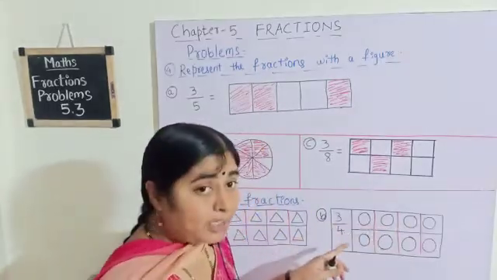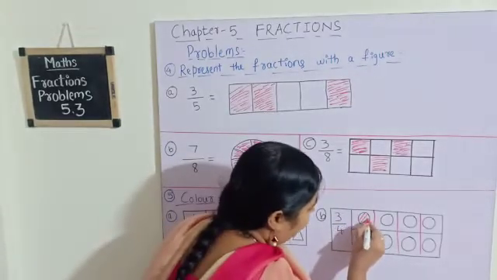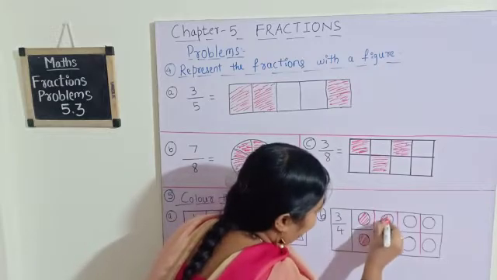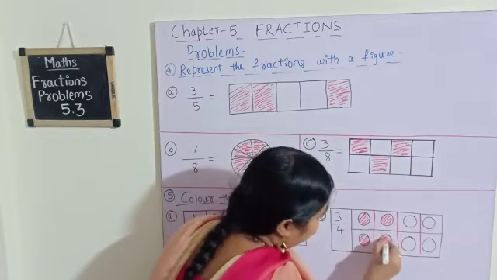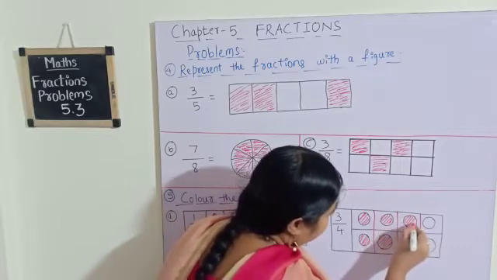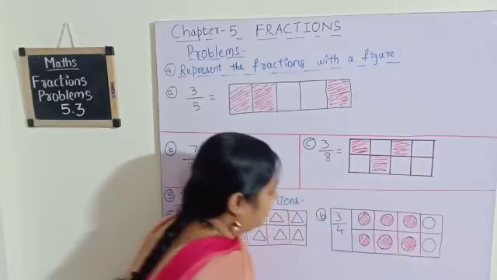So how many parts do I have to shade? 3 parts. See, this is first part, this is second part, and this is third part. So we can solve examples like this.